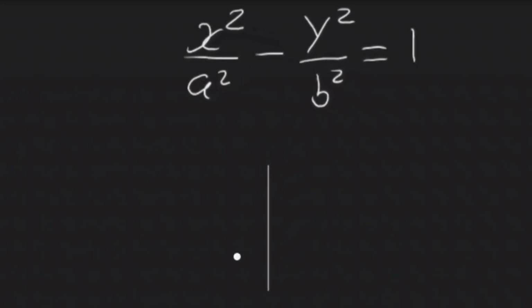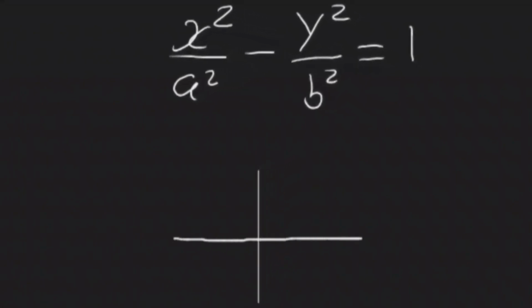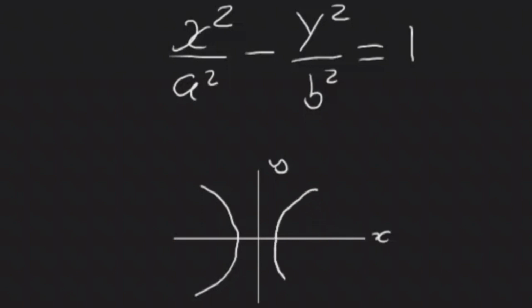Let me just write very quickly, because in general it's supposed to look like this. x and y, it's supposed to look like this. Since our x is positive, it's supposed to intersect at x like this, right? And like that, right?